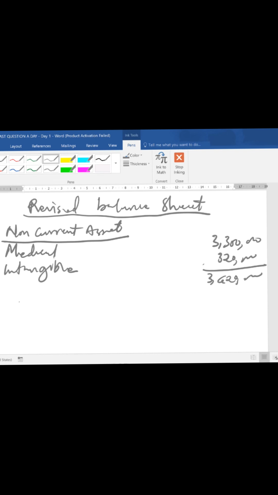Then we move on to our current assets, which is made up of our inventory. Now our inventory, we have to deduct. So we have 650,000 and we have to deduct the one that belongs to the third party. So this gives us a total of 550.